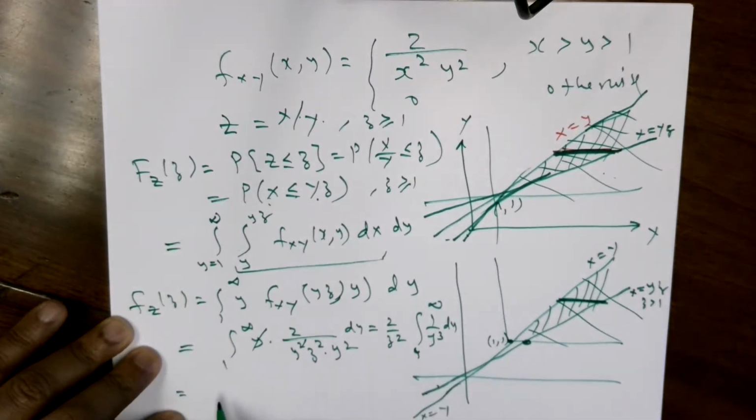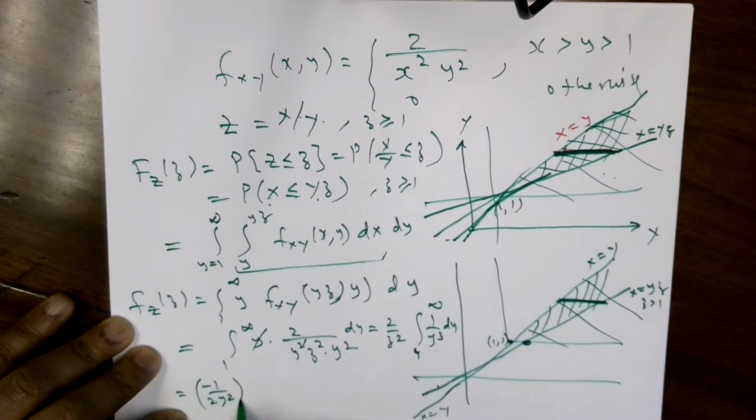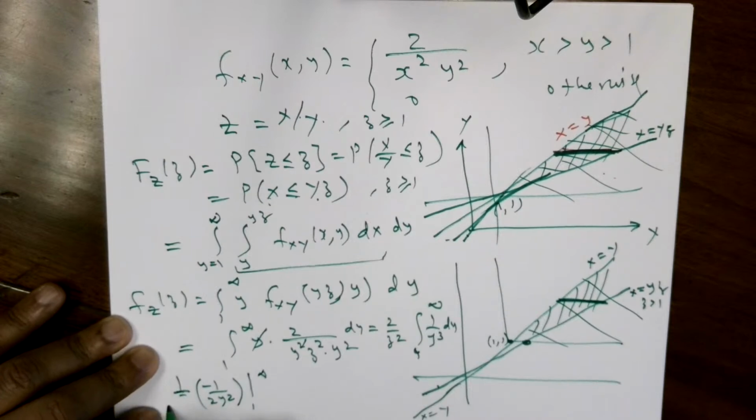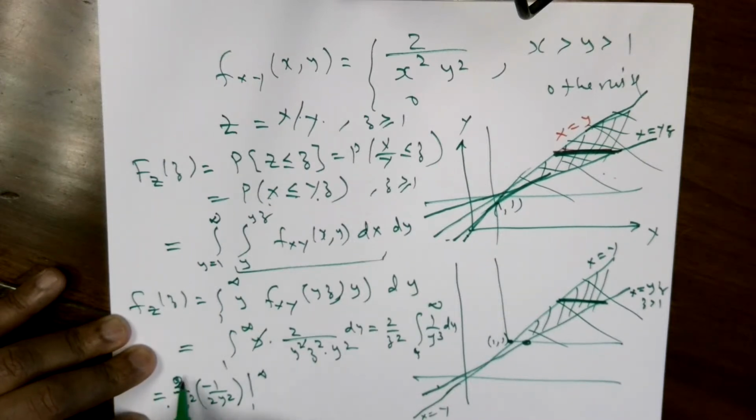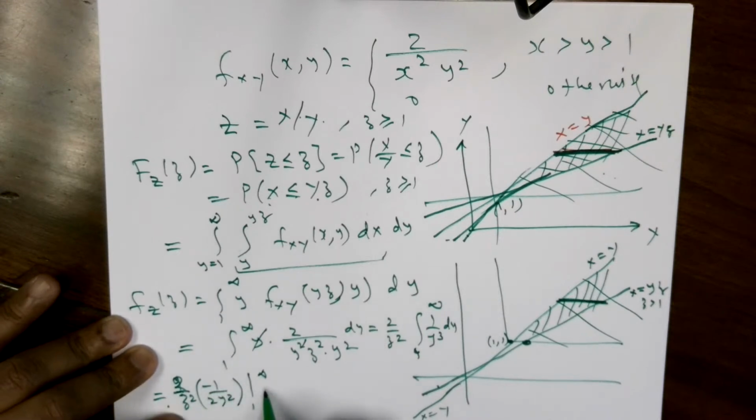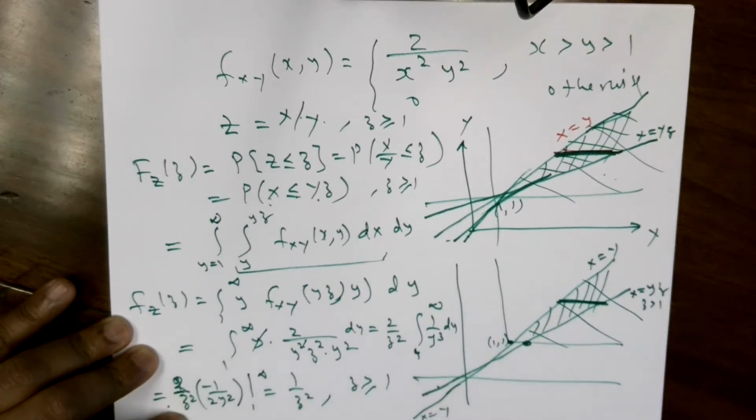So that's going to be minus 1 over 2y squared, from 1 to infinity, times 2 over z squared. The 2s cancel, top limit 0, bottom limit 1. So we get the answer to be 1 over z squared for z greater than or equal to 1.